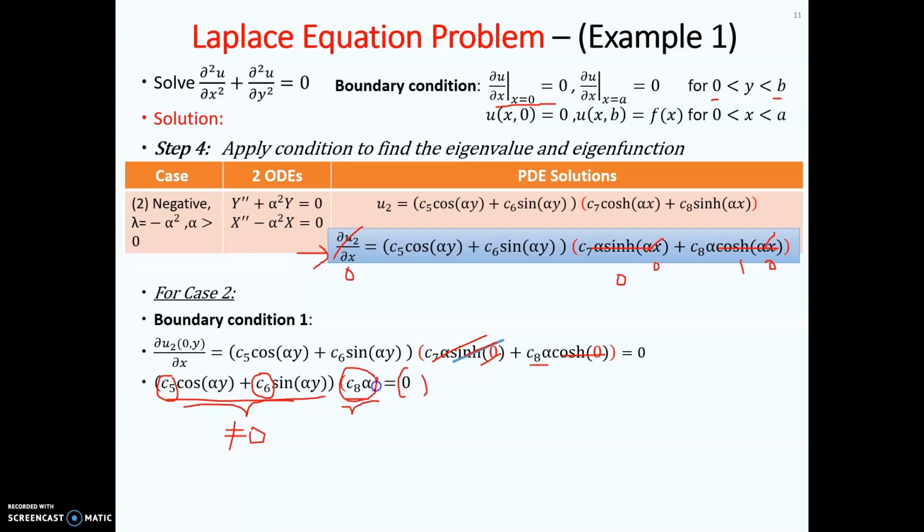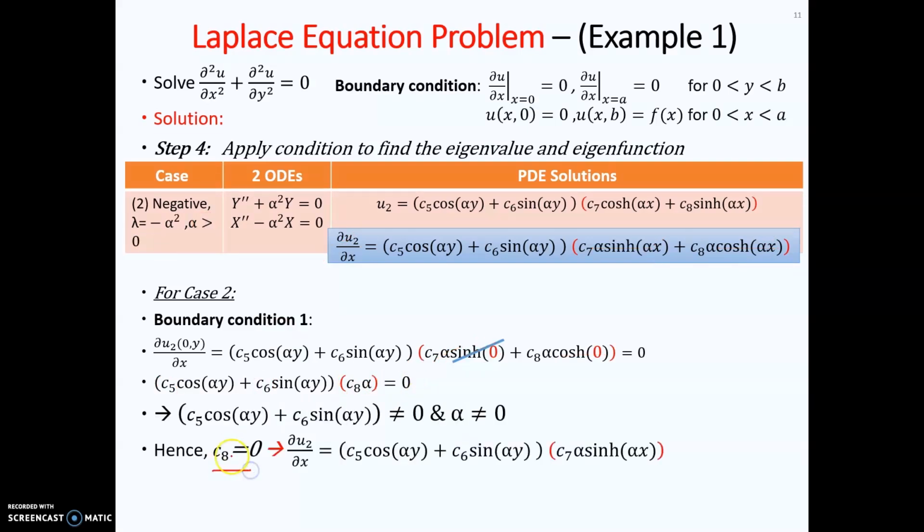Therefore, this component must be equal to 0. Since alpha is not equal to 0, because alpha is greater than 0, therefore your C8 must be equal to 0. So you succeed in obtaining C8 equal to 0, you can substitute inside here to obtain the new derivative, which is equal to this.